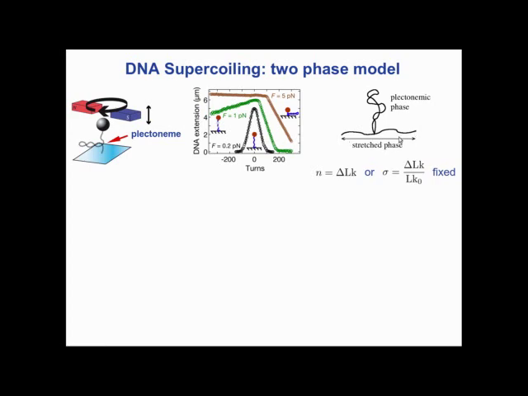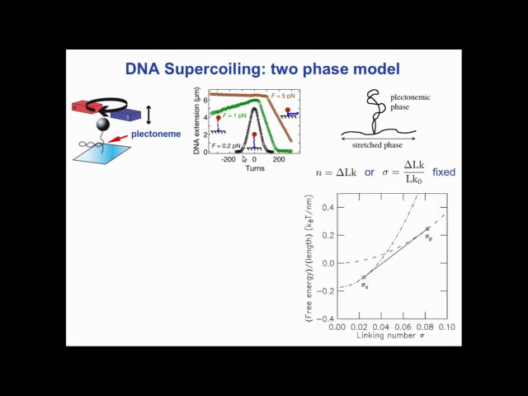In these experiments, the excess linking number, or the number of turns that I apply to my bead, is fixed, or also the supercoil density, what I call delta Lk divided by Lk naught, where Lk naught is the natural linking number of relaxed DNA.